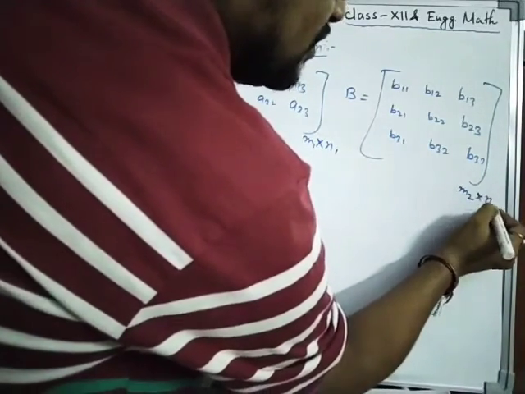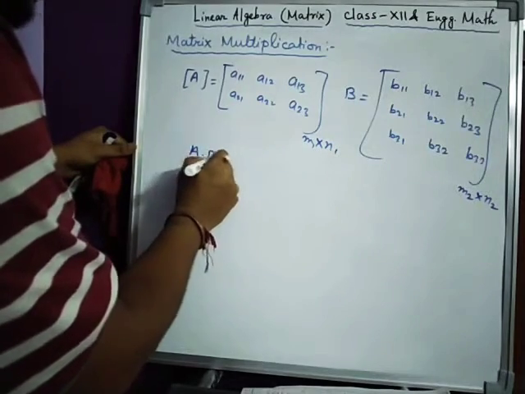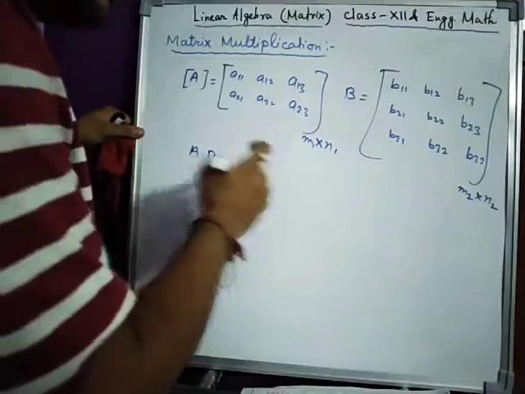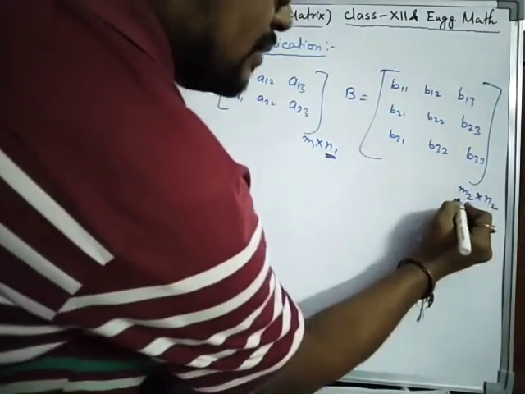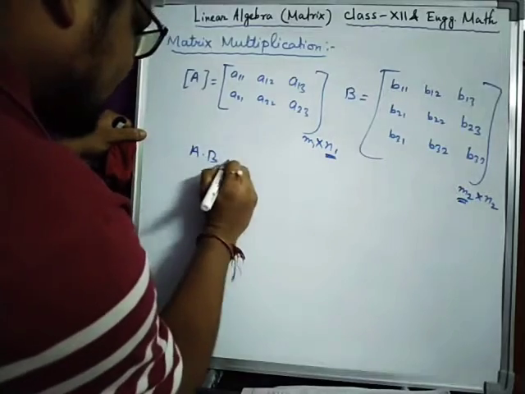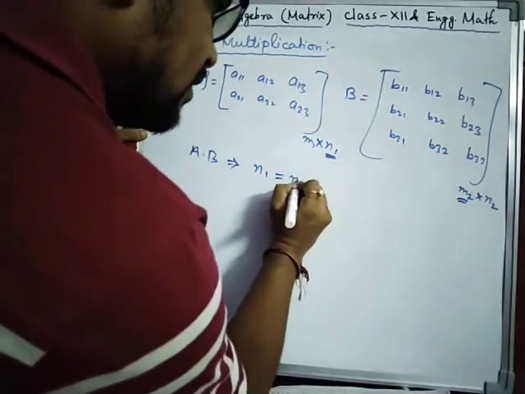The condition for multiplication is that you can multiply only when N1 is equal to M2.